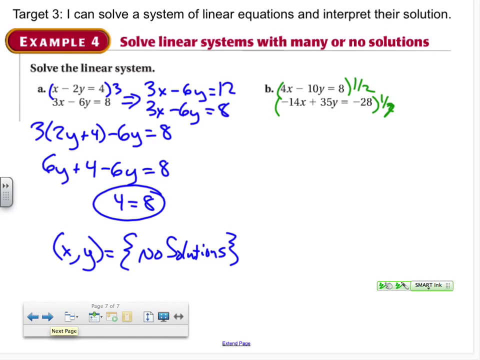It is okay to use fractions. And it's just kind of like dividing. So the top one by 1/2 will give me 2x minus 5y equals 4. And the bottom by 1/7 will give me negative 2x plus 5y equals negative 4.